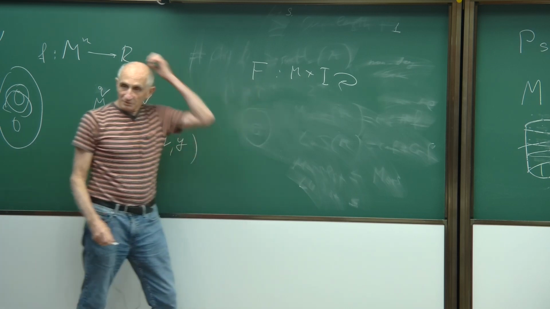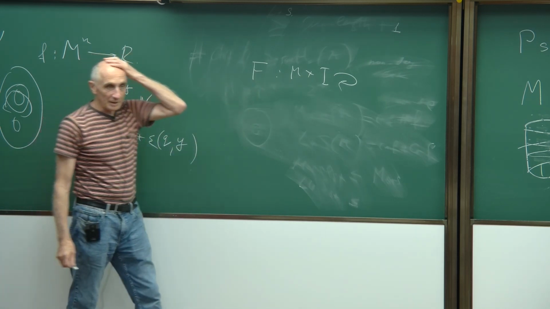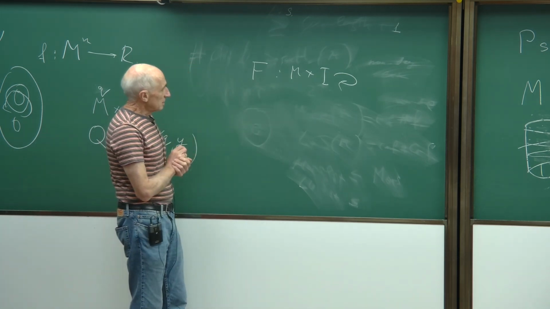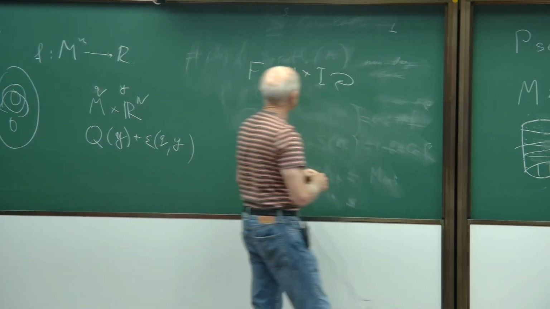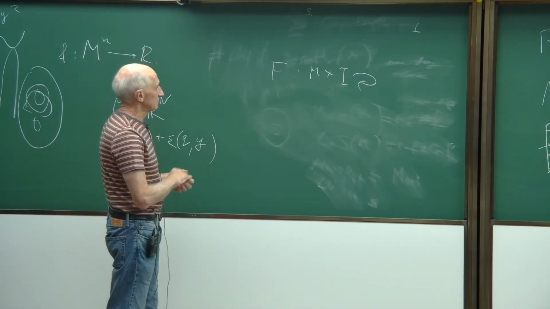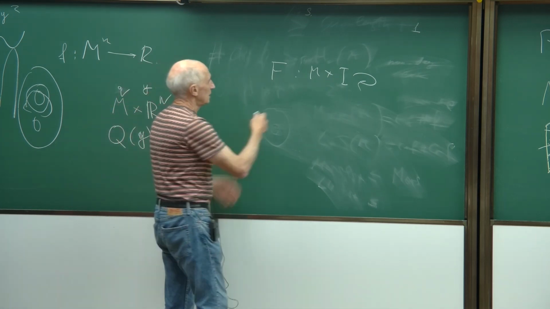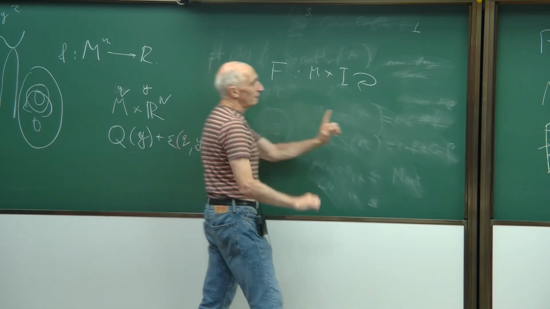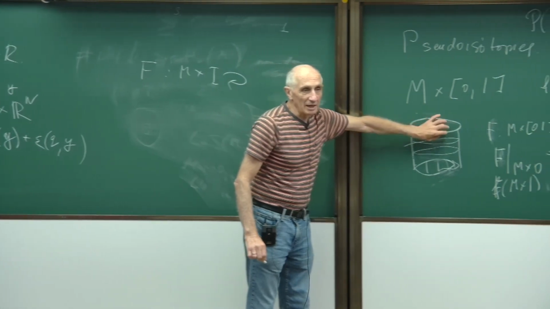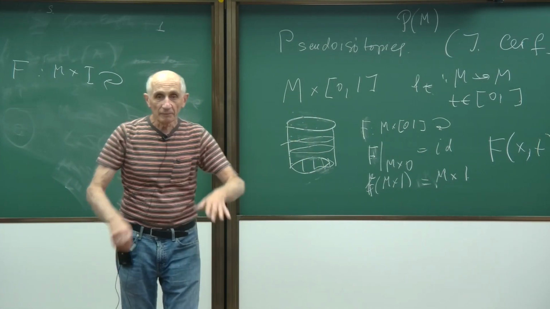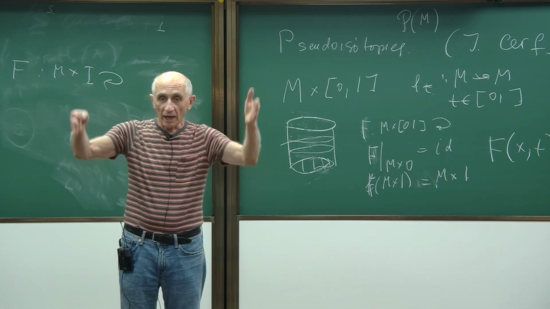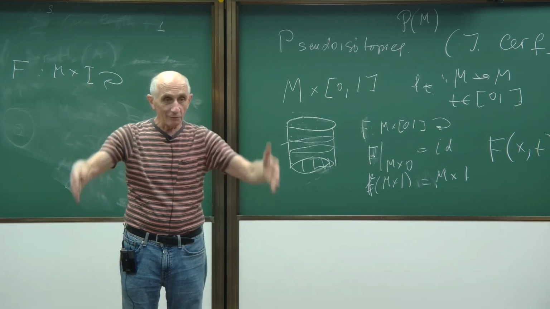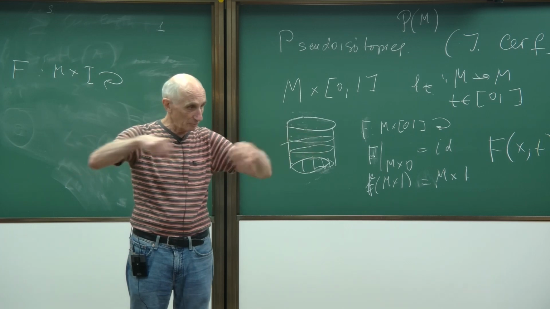With this pseudo-isotopy, we can associate, first of all, let's slightly generalize the notion of pseudo-isotopy to the following situation. I allow the manifold to have a boundary, but then over the boundary I want the pseudo-isotopy to be trivial, preserving the level set.